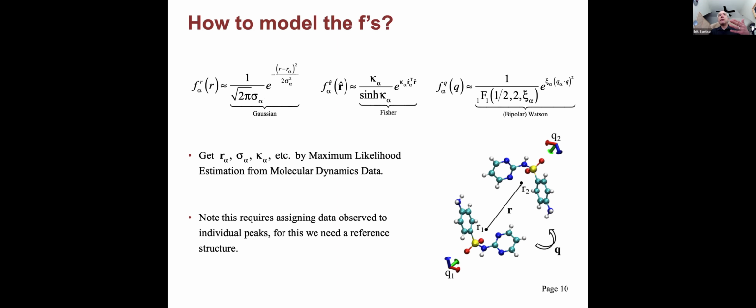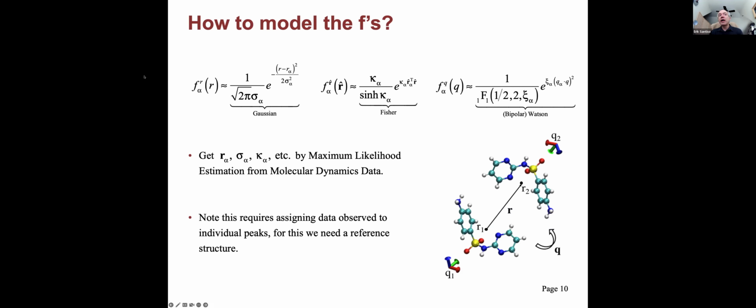When I am running the simulation, I have molecules moving and fluctuating. And at every point that I'm collecting statistics, I need to figure out which neighbor to assign to which peak. And you cannot just simply say, well, I'm going to take the nearest neighbor, next nearest neighbor, and so on, because the molecules are fluctuating.